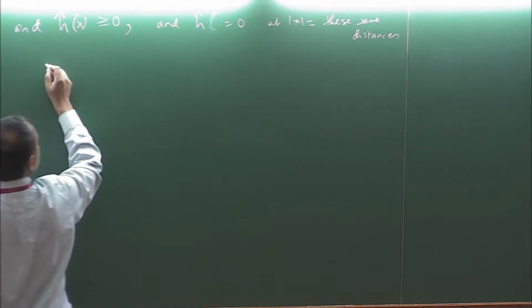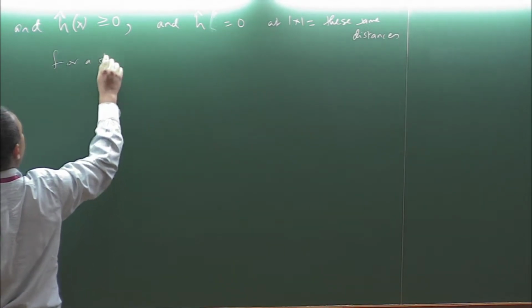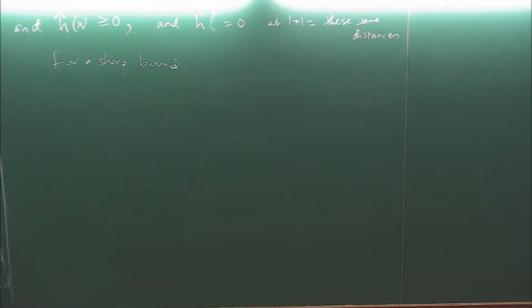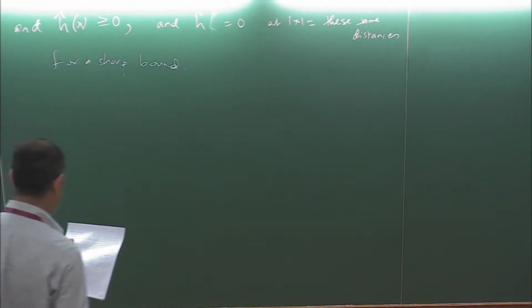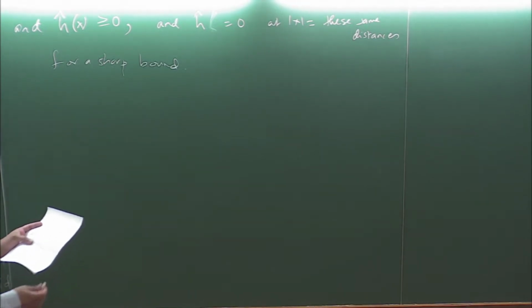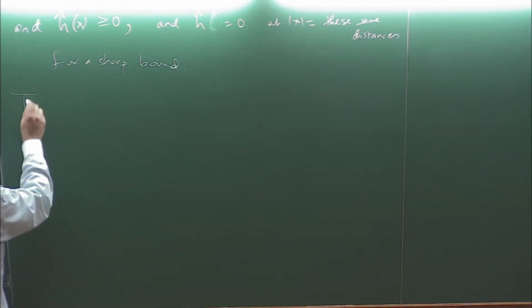So these are all the things that you need. A fairly severe list of conditions that you need to produce to get a sharp bound for the linear programming bounds of potential energy.